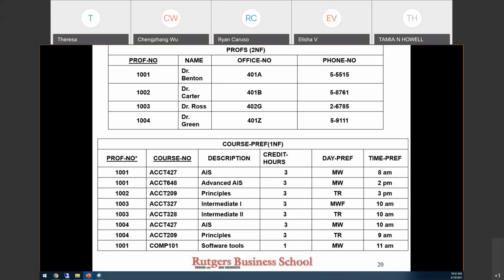In a sense, what I'm saying is that the phone number non-key attribute is functionally dependent on the office number non-key attribute.